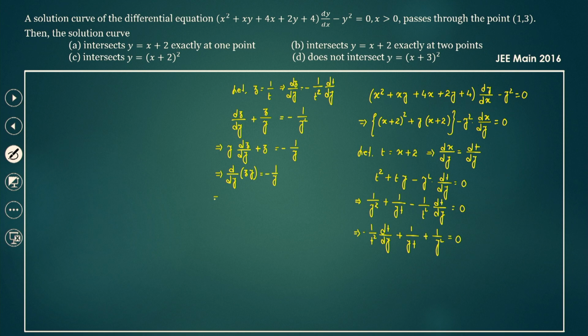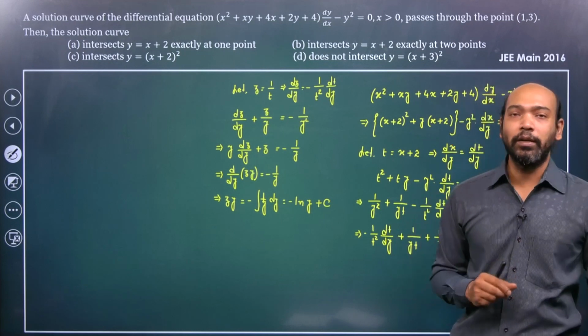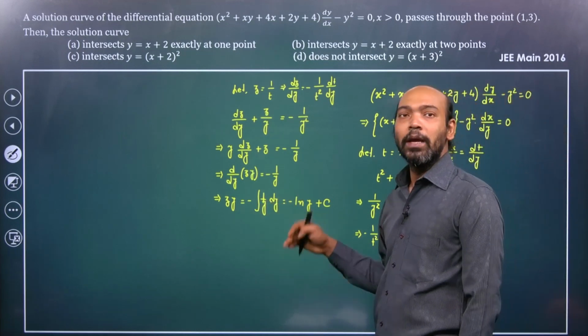Now if I integrate, the left hand side is zy, and on the right we get the integration of 1 by y dy, which gives minus ln y plus some arbitrary constant c. So we are now done with our differential equation. This is the solution.